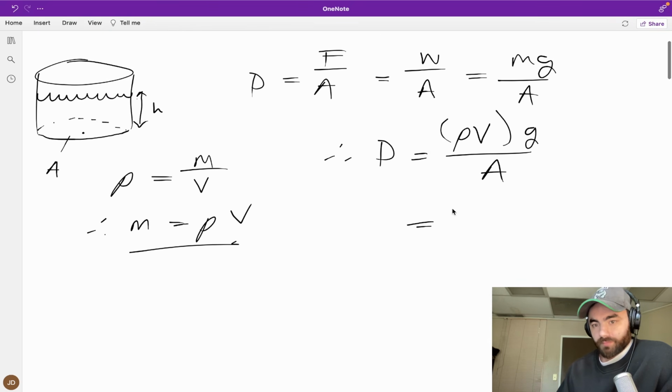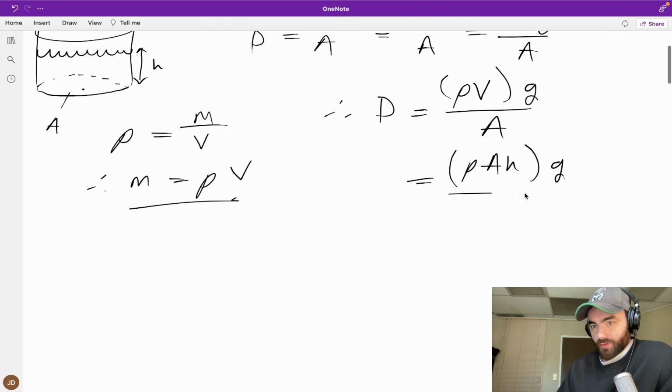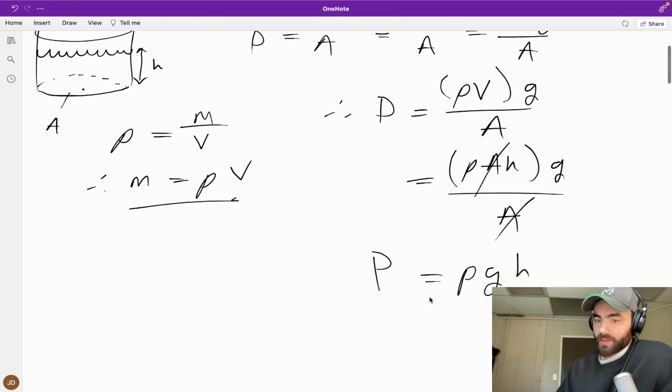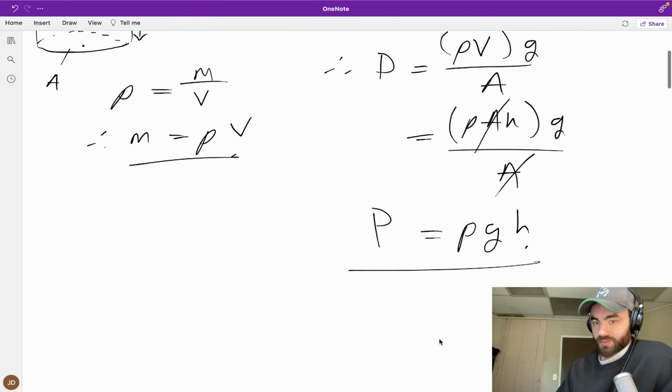It's going to be rho times the volume, well, the volume is the area times the height, times g over A. And then the A's will cancel, and you get this rho g h. So the pressure at depth h is equal to this.